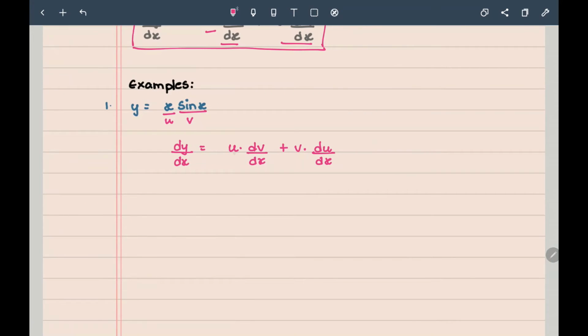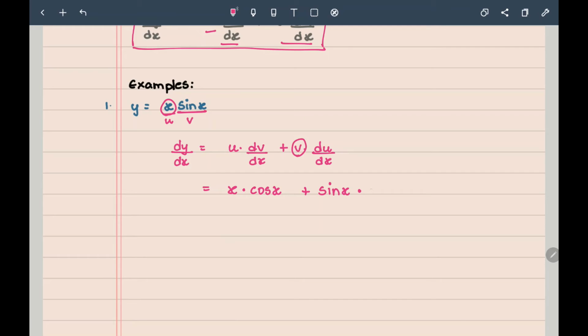So first the value of u is x. So x into derivative of sine x, that is dv by dx. Derivative of sine x is cos x plus v. V is sine x. So sine x into derivative of u, that is derivative of x.